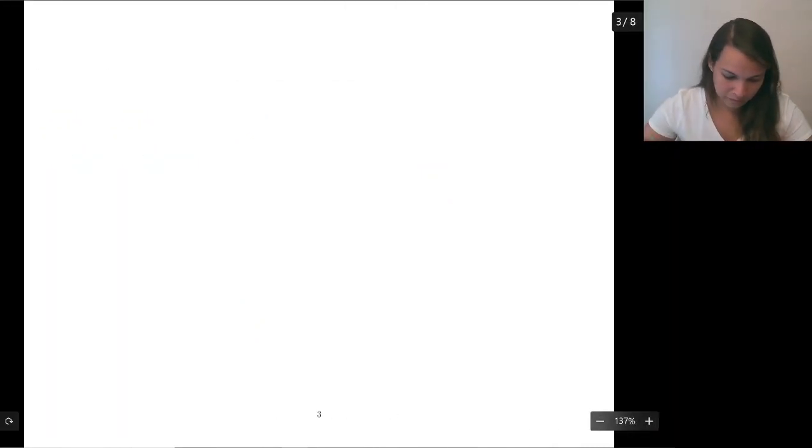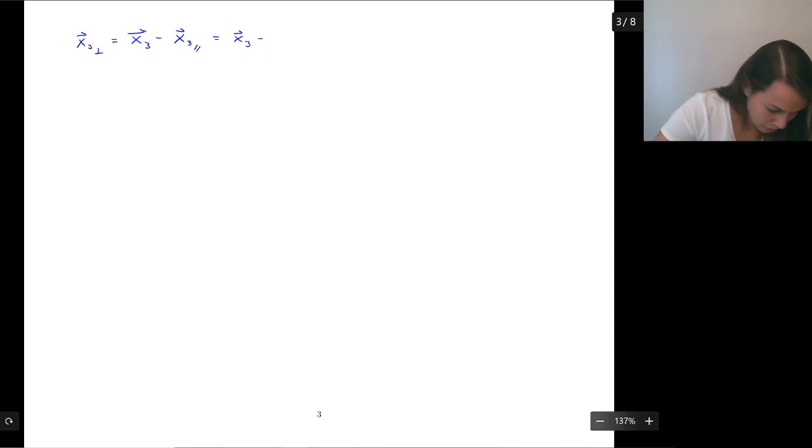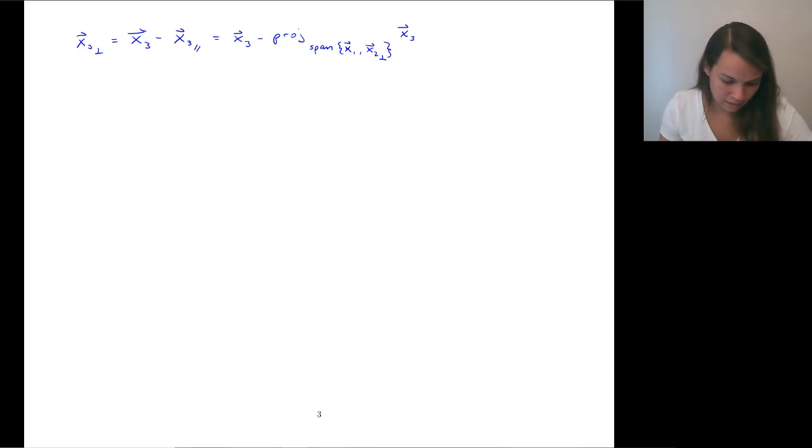So I'm going to flip to the next page. We're going to say that x3 perp is x3 minus the part that's parallel. And then we're going to use what we know about projections to find that parallel part: the projection onto the span of x1 and x2 perpendicular of x3.